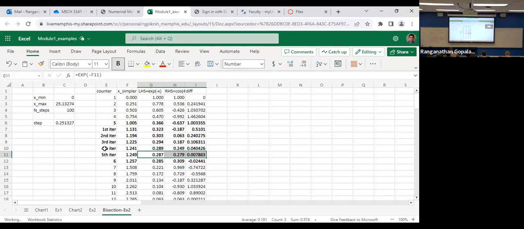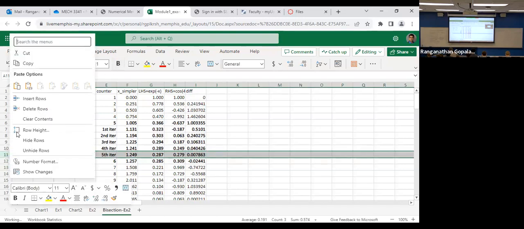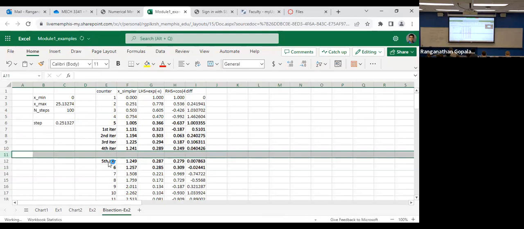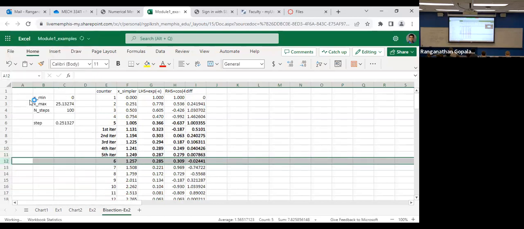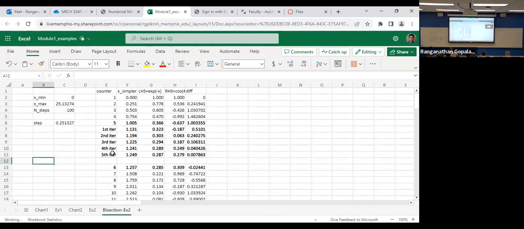Now, the question is, where to stop or when to stop? How many iterations is good enough? Somebody, any thoughts?